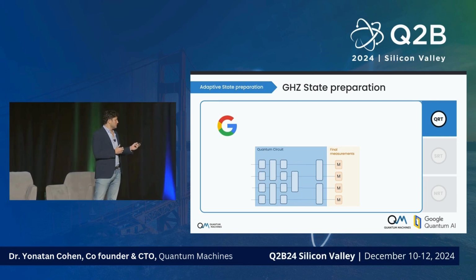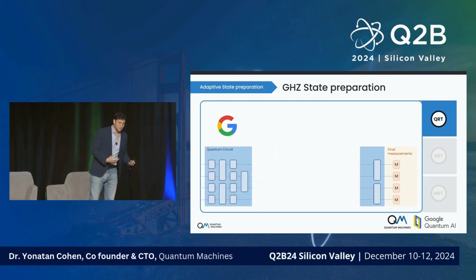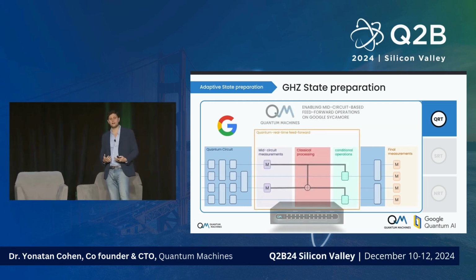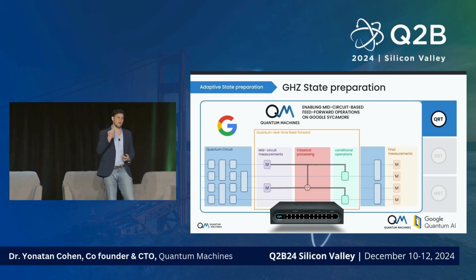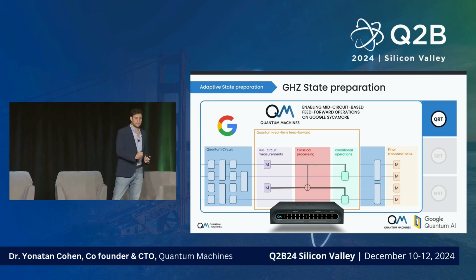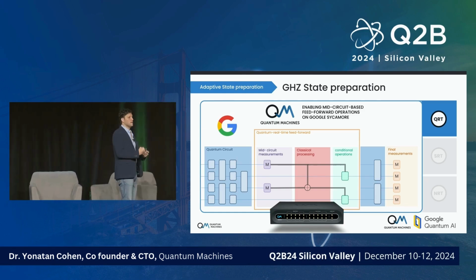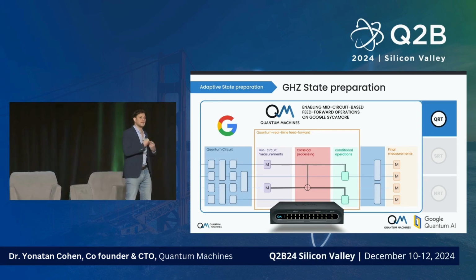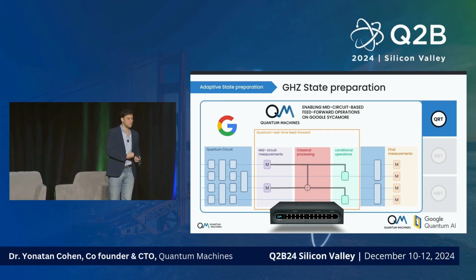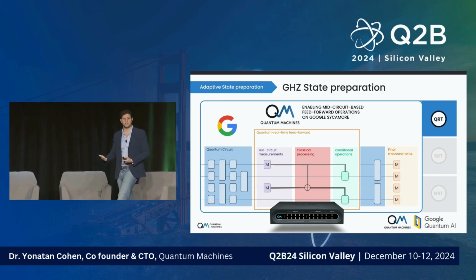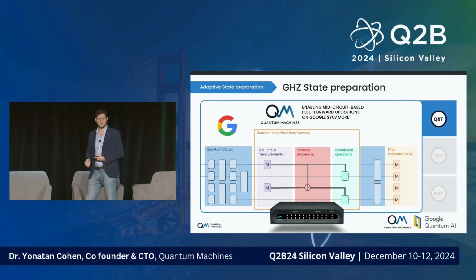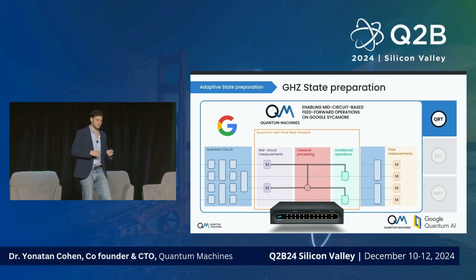But in this project, we added a feature to the Google quantum stack. We added the ability to perform mid-circuit measurements, meaning measurements that are done in the middle of the circuit, not at the end of the circuit, then do some classical processing with those mid-circuit measurement results, and based on that, make decisions whether we perform some quantum operations or whether we don't.